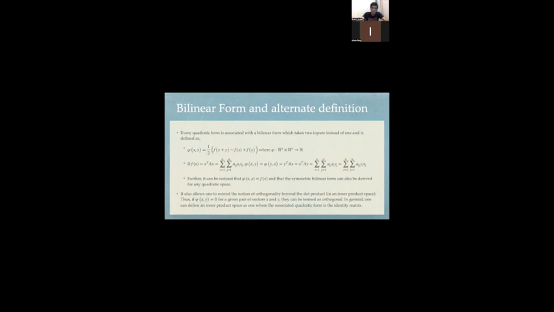In general, we can see that the inner product space is a specialized case of the quadratic space, i.e., one where the associated quadratic form is the identity matrix, and similarly, its bilinear form represents the dot product or inner product function.